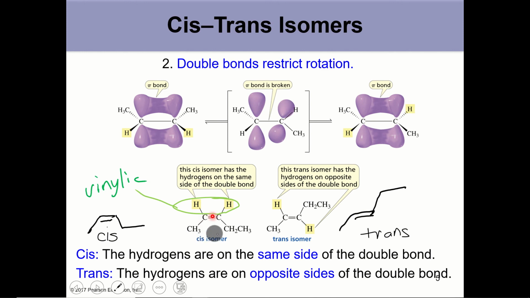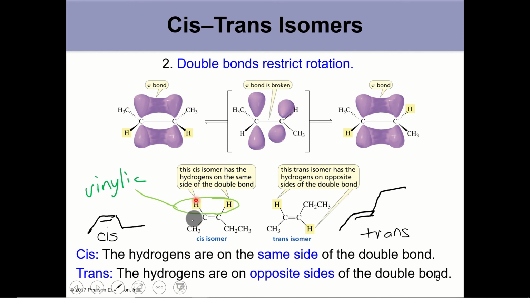And if we describe two groups as being vinylic, we are saying that those groups are on different carbons. Not the same carbon, different carbons. But both carbons must be double bond carbons.